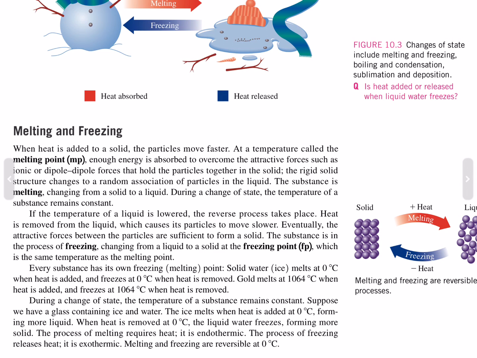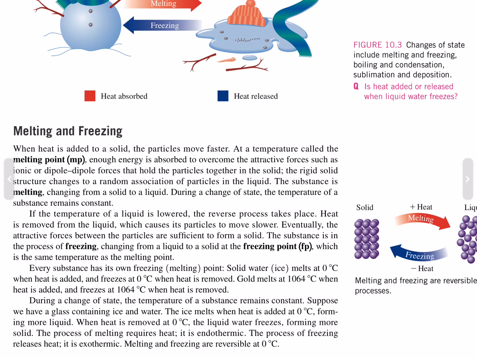If the temperature of the liquid is lowered, the reverse process takes place. Heat is removed from the liquid, which causes the particles to move slower. Eventually, the attractive forces between the particles are sufficient to form a solid. The substance is in the process of freezing, changing from a liquid to a solid at the freezing point, which is the same temperature as the melting point.